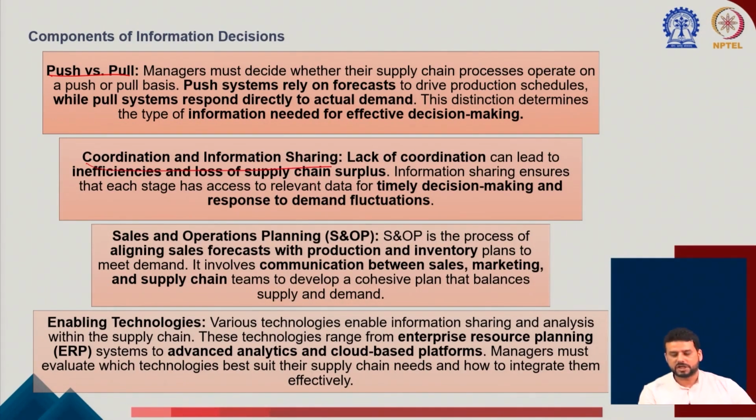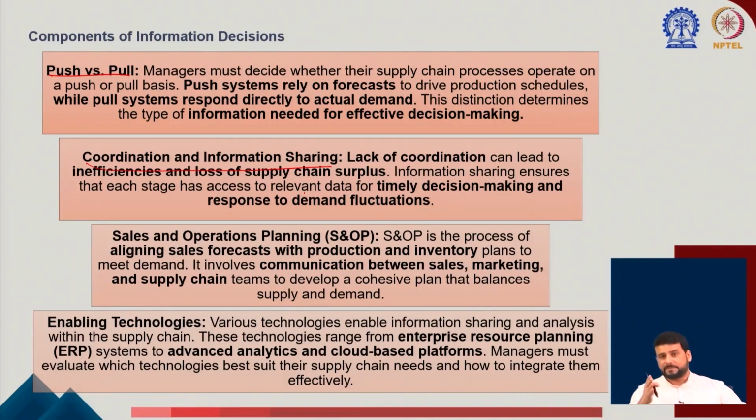Coordination and information sharing. Lack of coordination can lead to inefficiencies and loss in supply chain surplus. If there is no correct information sharing with the suppliers, they produce excess inventory, and there is production overrun. That means there is a lack in the sharing of information.